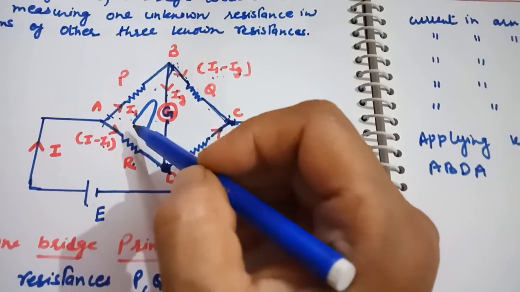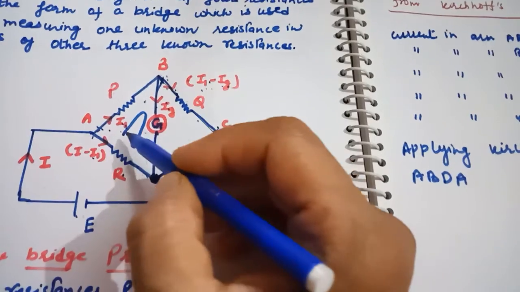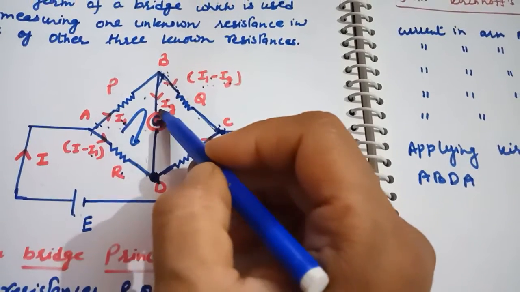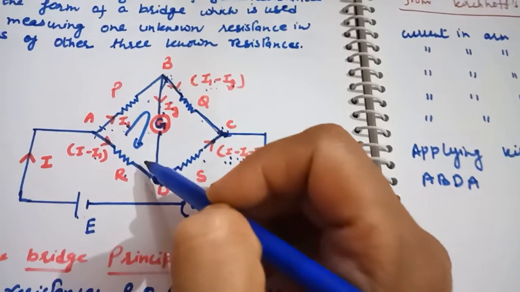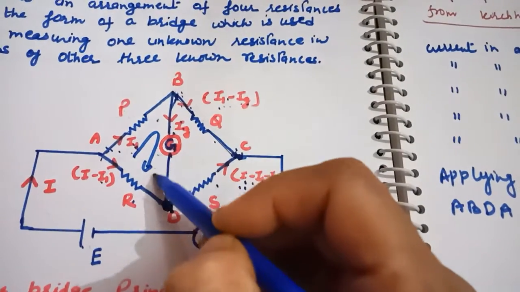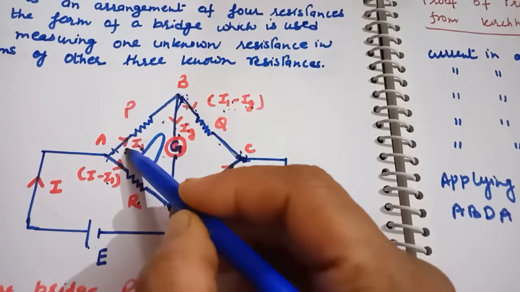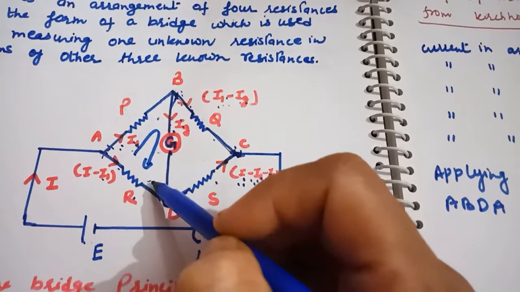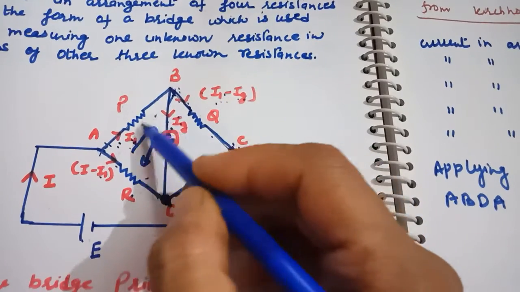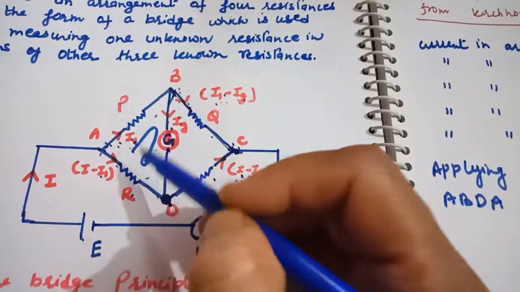So let us see which current will be in the same direction. I1 and Ig are flowing in the clockwise direction. But see, this is the clockwise direction in this closed mesh, but this current I minus I1 is flowing in the opposite direction to the assumed clockwise direction.